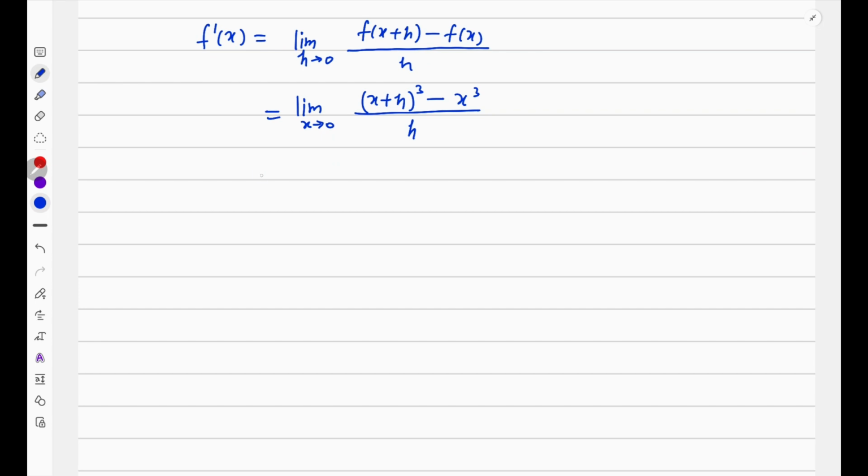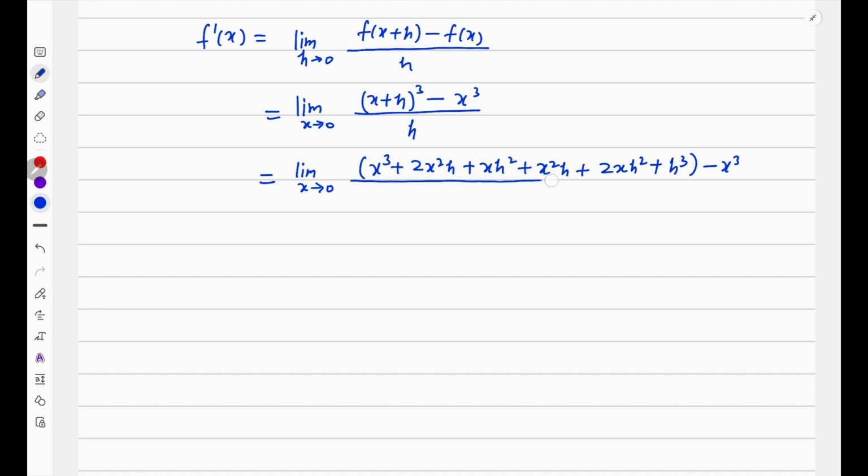Now we can expand (x + h) whole cube, which becomes x cube plus 2x square h plus xh square plus x square h plus 2xh square plus h cube minus x cube over h.